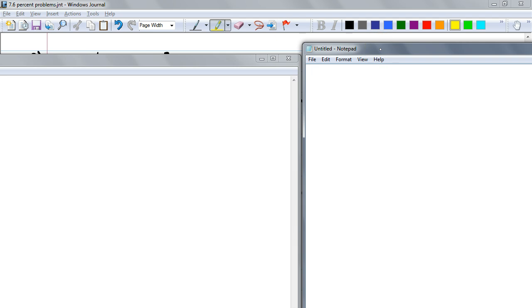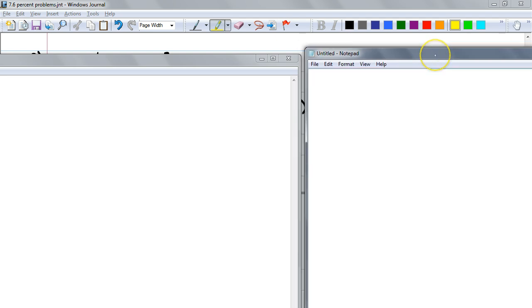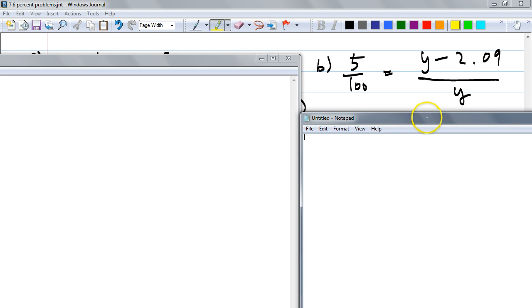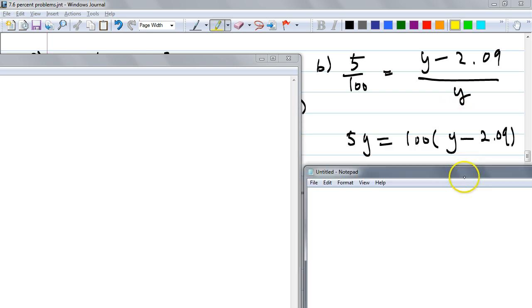For B, anybody have the equation for B? It's a decrease. One person? How about Kristen. 5/100 equals y minus 2.09 over y. That's right. Okay, so this is what we get, and of course multiply both sides by the LCD, which is 100y.